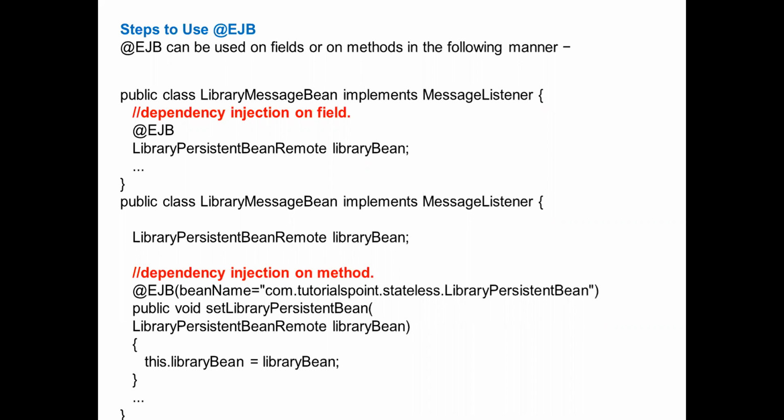You can see in the source code that I have taken a LibraryMessageBean. This is a class name. I have to declare it as public, and it should implement MessageListener. That can be used for the field, so that is dependency injection on a field. How will it be written? You can see @EJB. This is one type of annotation, @EJB, as a reference for the field.